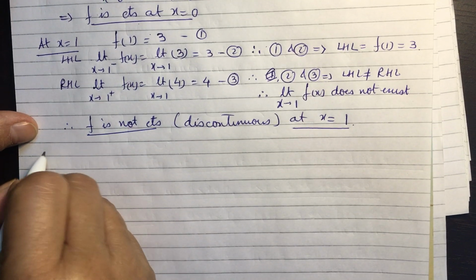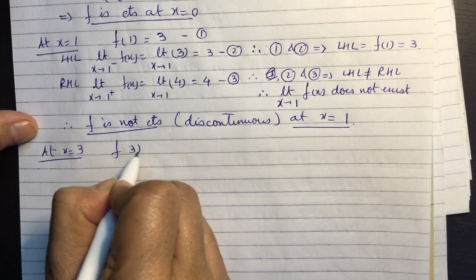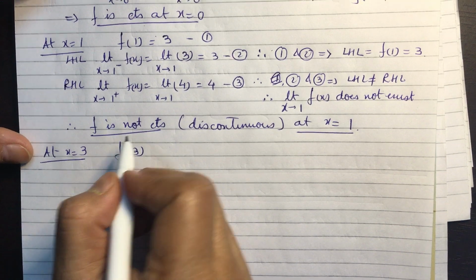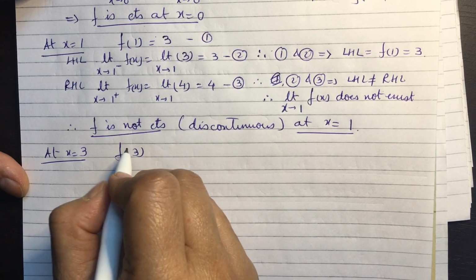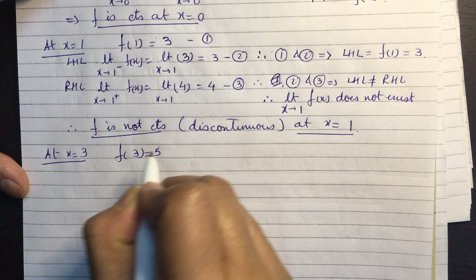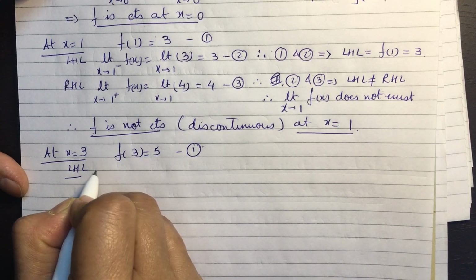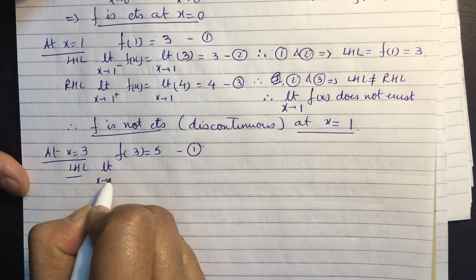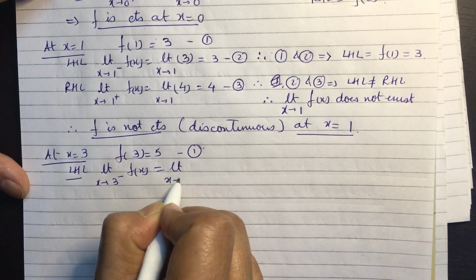Now let's check at x equal to 3. f of 3 is equal to 5. Call it equation number 1. Left hand limit x tending to 3 negative f(x) is equal to limit x tending to 3.